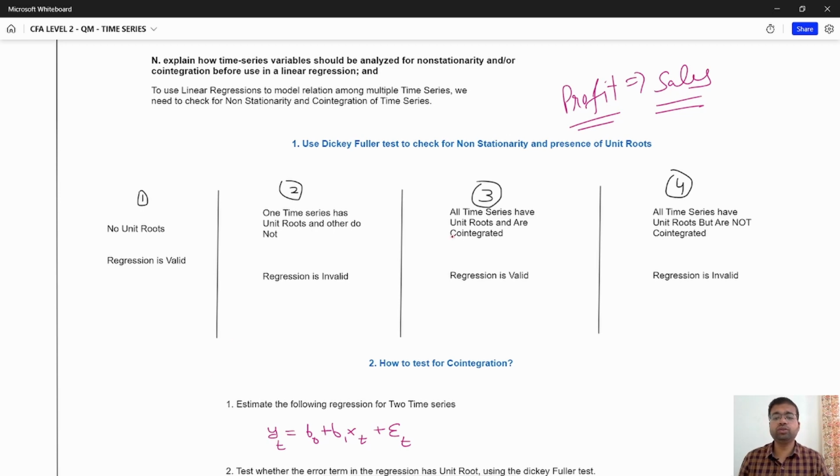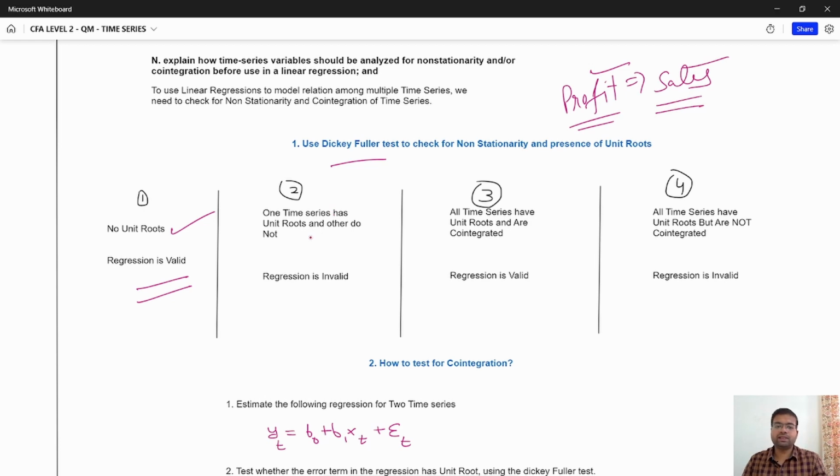How can we test for non-stationarity? We can use the Dickey-Fuller test to check for non-stationarity and unit roots. If there are no unit roots, say both of these time series have no unit roots, then our regression is valid. We can use regression analysis to predict profits depending upon sales.